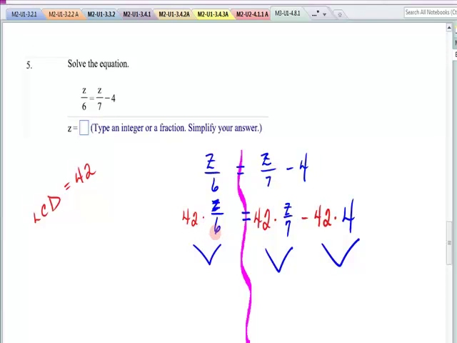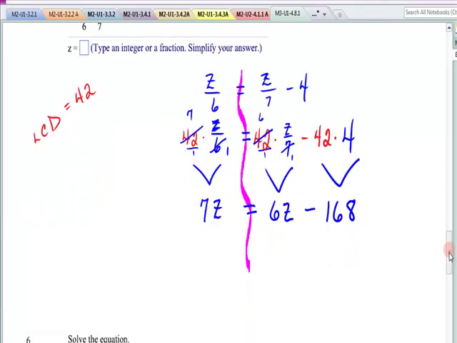The first one, because you're multiplying times a fraction, put the 42 over 1. 6 goes in there once, 6 goes in there 7 times. I have 7z is equal to, put the 42 over 1. 7 goes in there once, 7 goes in there 6 times. That's 6z minus, these are just integers, so multiply for 168.